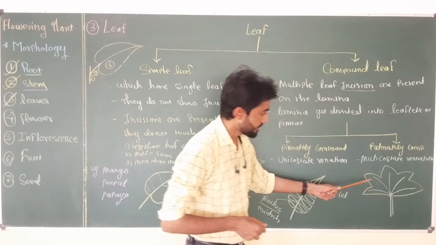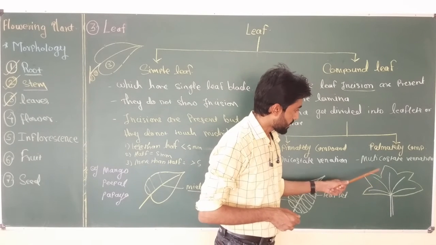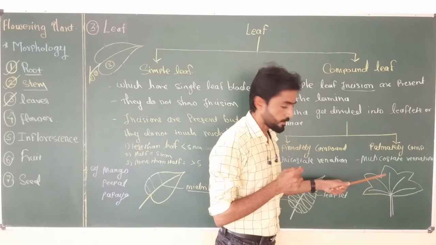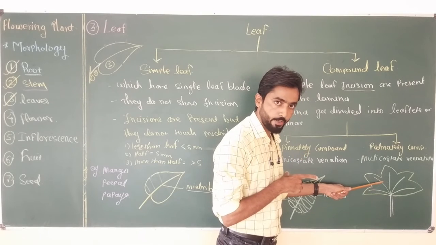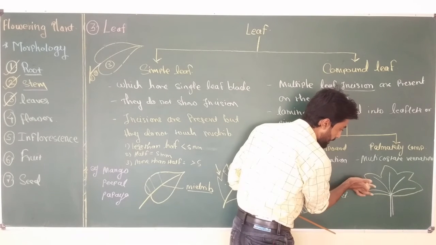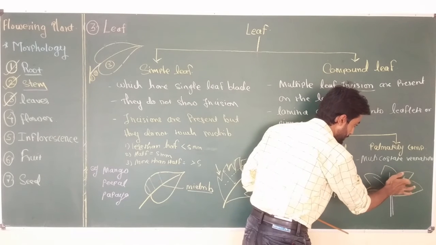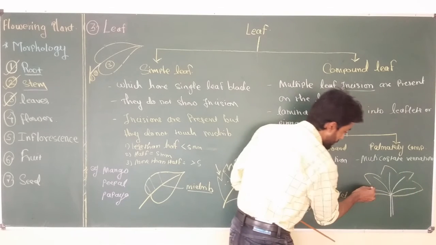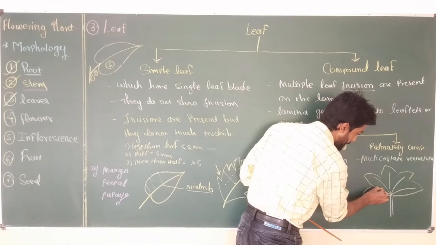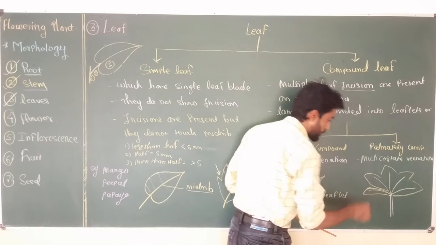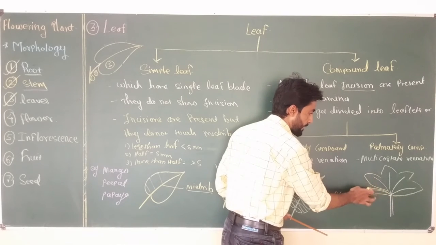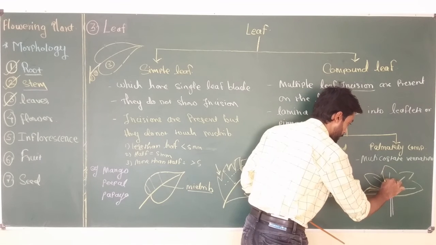Now in this case, you can see palmately compound leaves are produced from this type of venation when incisions are developed in these points. Now the cut is developed at this point, and the two portions of the lamina get separated from one another.